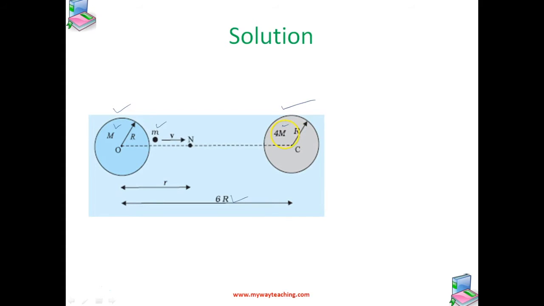Obtain an expression for the minimum speed v of the projectile so that it reaches the surface of the second sphere. The projectile is acted upon by two mutually opposing gravitational forces of the two spheres, one from this sphere and one from that sphere. So the neutral point N is defined as the position where the two forces cancel. So this point N is the neutral point.